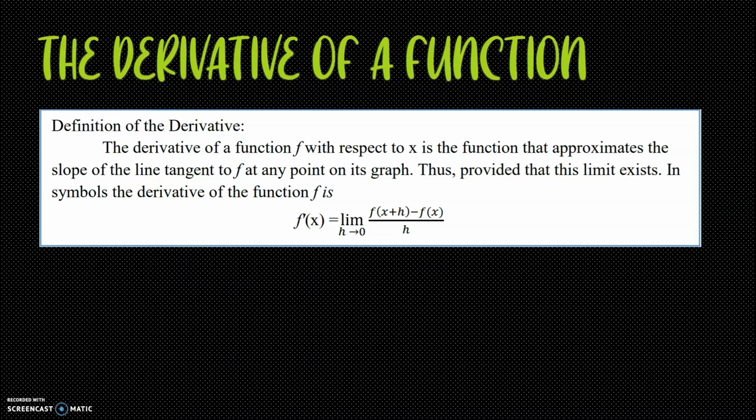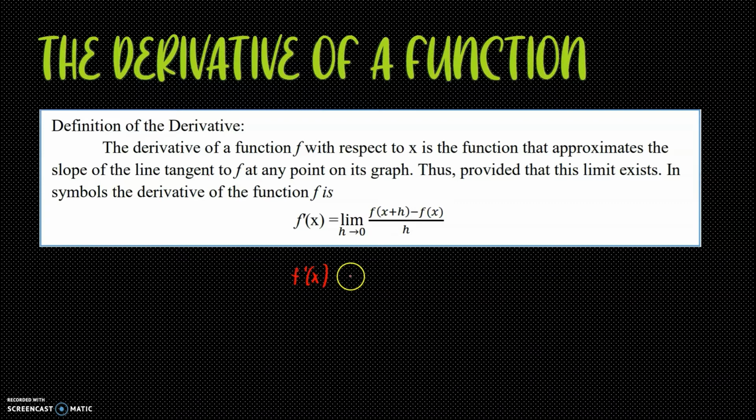Now in calculus, the function that gives the general formula for this slope of f is called the derivative of the function and is denoted by f prime. So f prime of x is just one of the notations used to denote the derivative of the function.